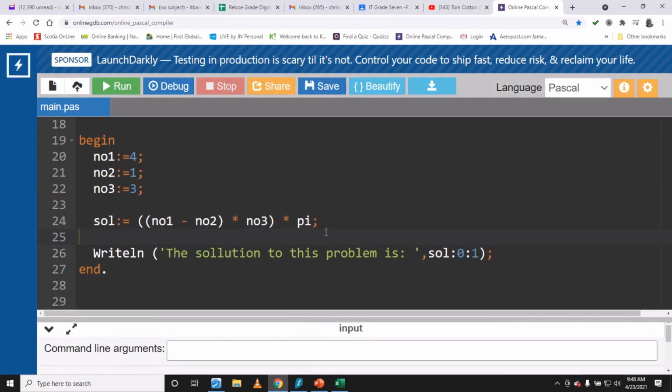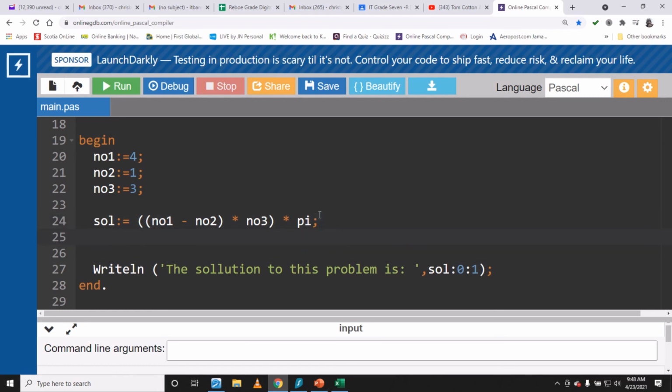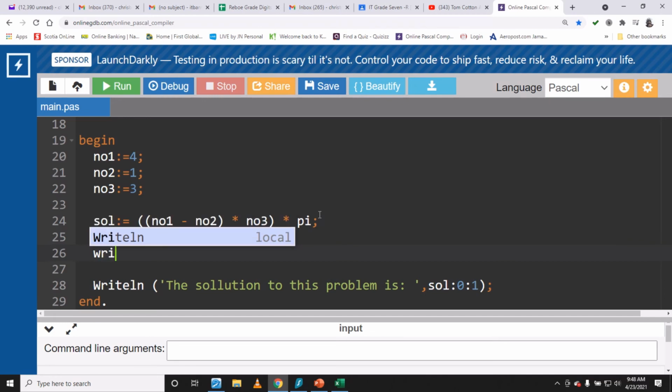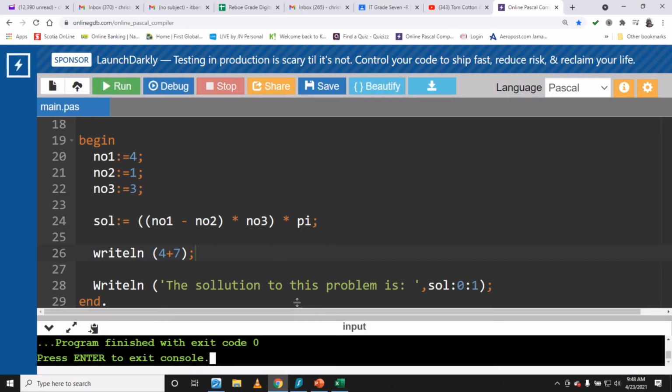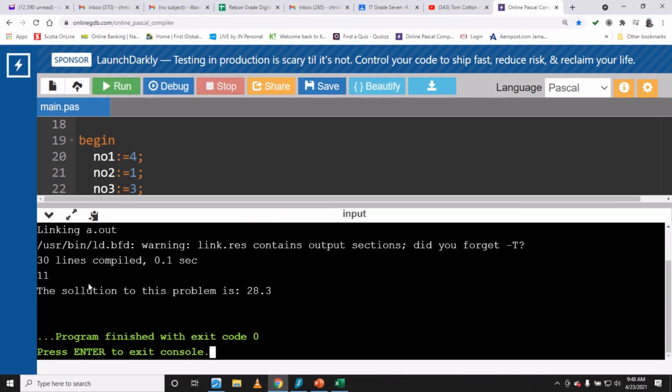Alright, so I'm reinforcing this idea, young people. That is why when I'm doing this order of operations, I don't go telling my students, I'm not saying that those videos that you see on YouTube are not exactly correct, you know. Write line 4 plus 7, and then a semicolon and then run the program, and you get a nice beautiful answer. So the 11 here, 4 plus 7, and then give me the answer.